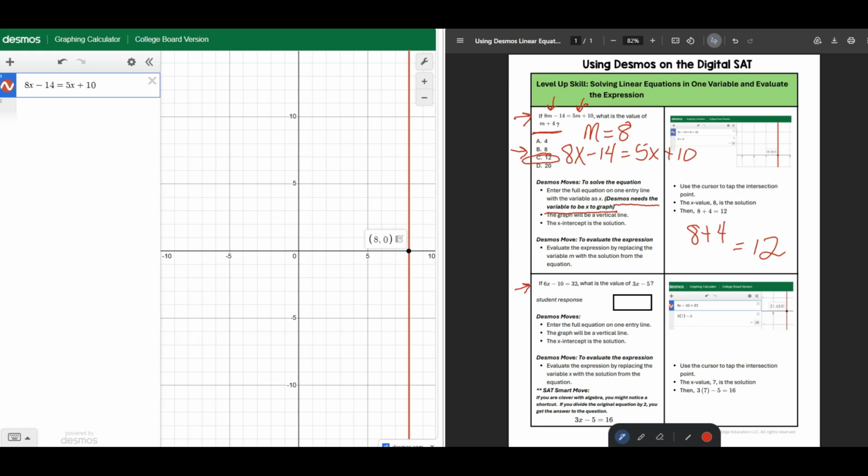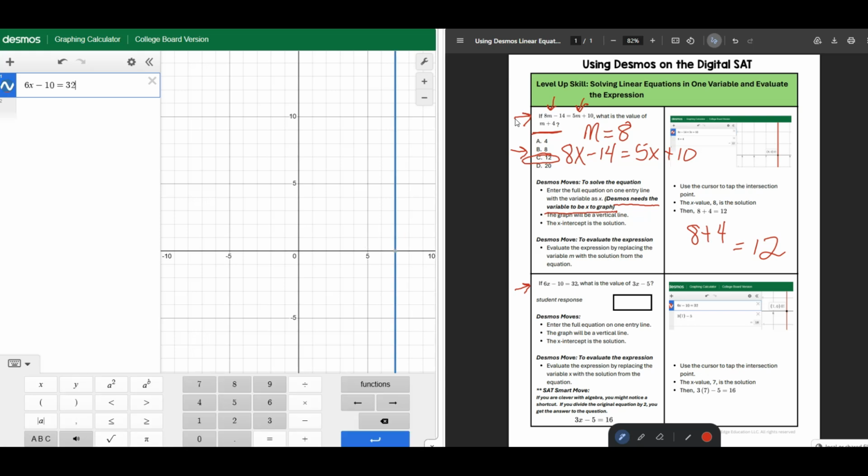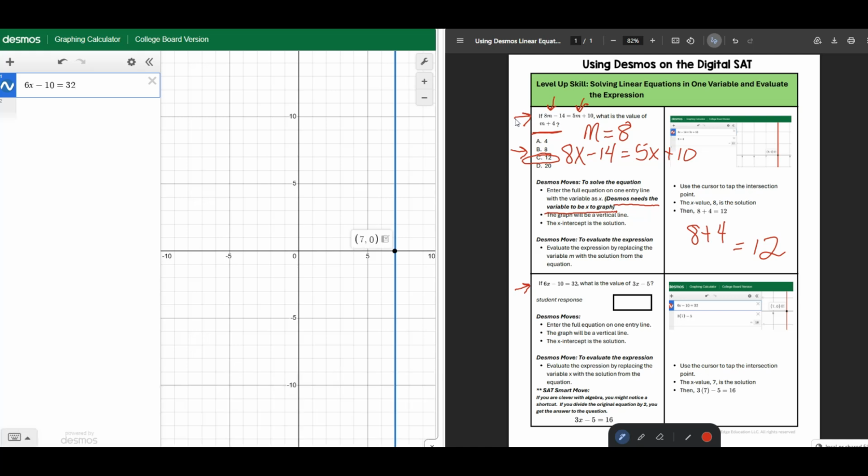So take a moment, type that equation into Desmos and see if you can find the vertical line and the solution. Once you have that typed in, again, you should be able to see a vertical line, and you should be able to use your cursor in order to tap it and see what your solution is to this equation. So this equation solution is 7.